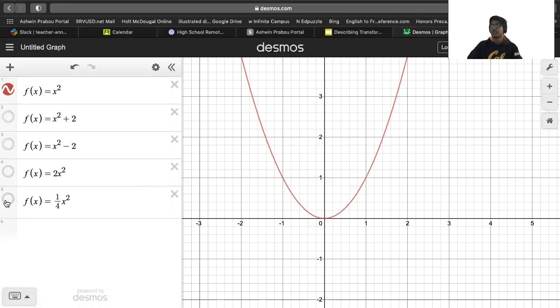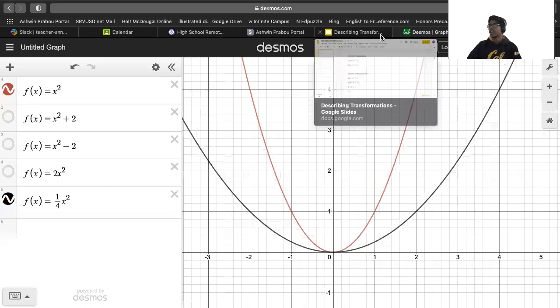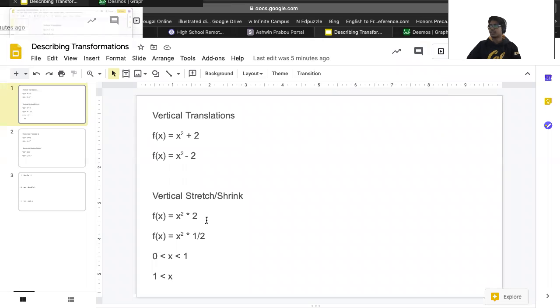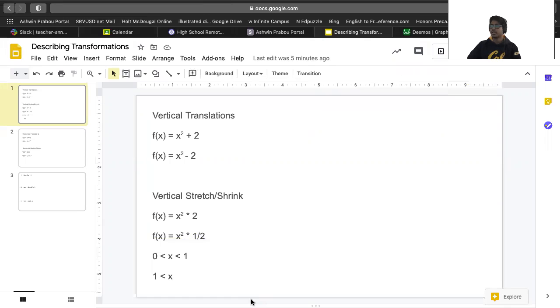And then you have f of x equals 1/4 times x squared, which would make it more stretched. Now, to have a vertical shrink, this value right there would have to be greater than 0 and less than 1, while a stretch would have to be greater than 1.